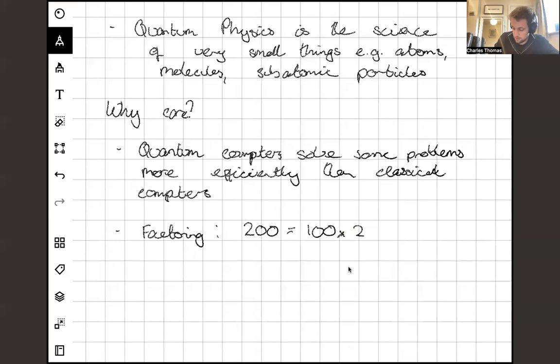So I could write this as 100 times 2, which is 50 times 2 times 2, which is 5 times 5 times 2 times 2 times 2. Turns out this is really hard to do on a classical computer, but quantum computers can do it quite efficiently.